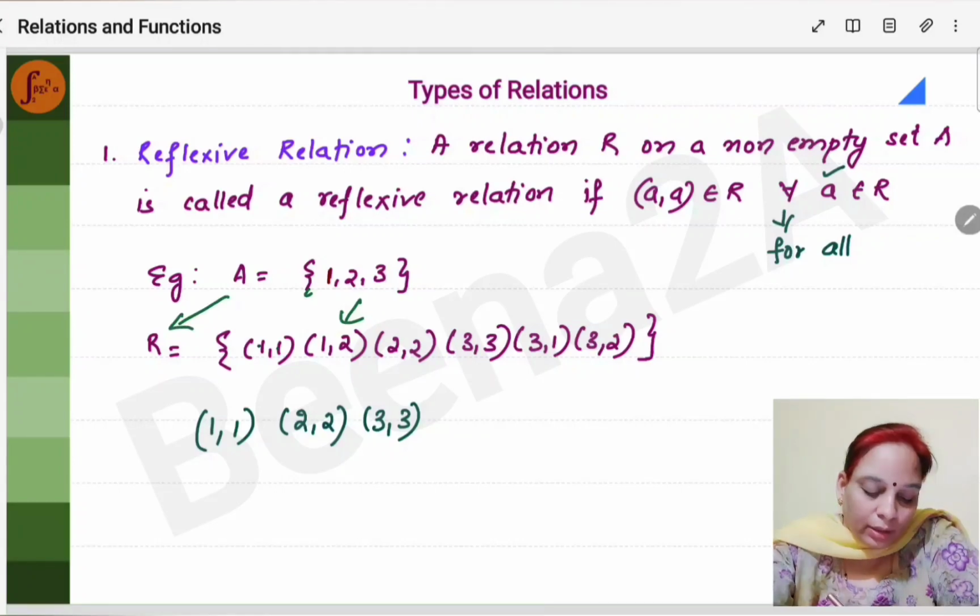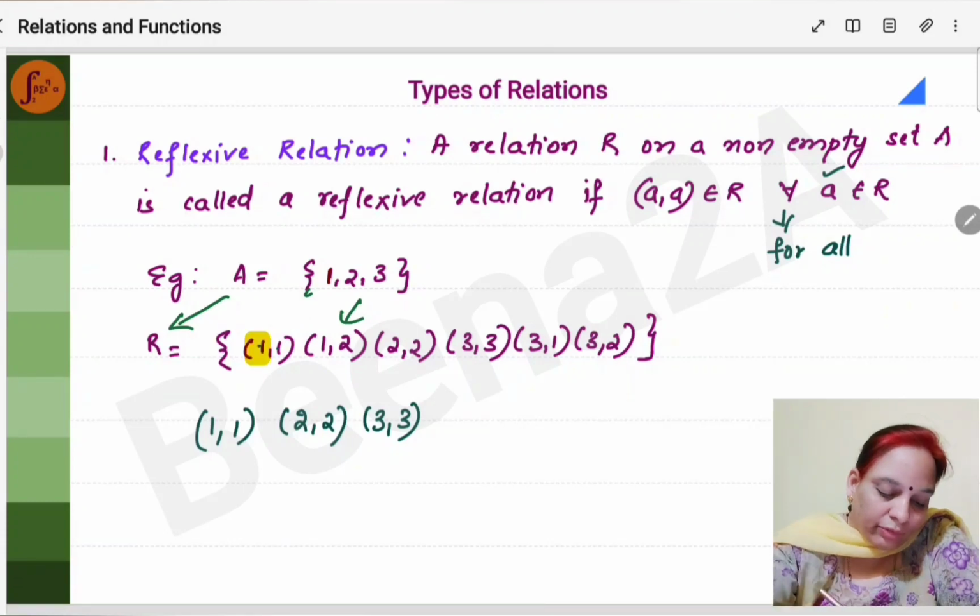Now if you have ordered pairs where the first element and second element are the same, like 1, 1, 2, 2, 3, 3. So for every element of set A, you should have an ordered pair where the first element and second element are the same. You have 1 here, so you should have 1, 1. You have 2 here, so you should have 2, 2.